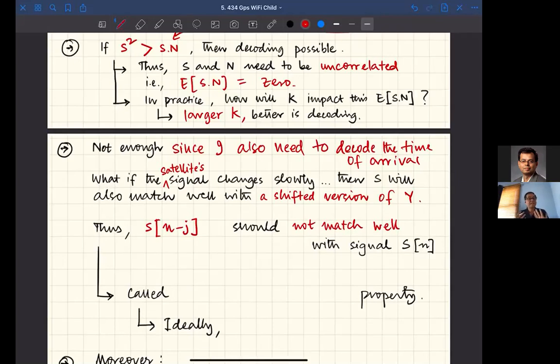So the satellite signal should be such that if you take that signal and if you shift it and match, that matching should be bad. But if you take that signal and you exactly align it and match, that matching should be great. And that matching will always be great. Right?